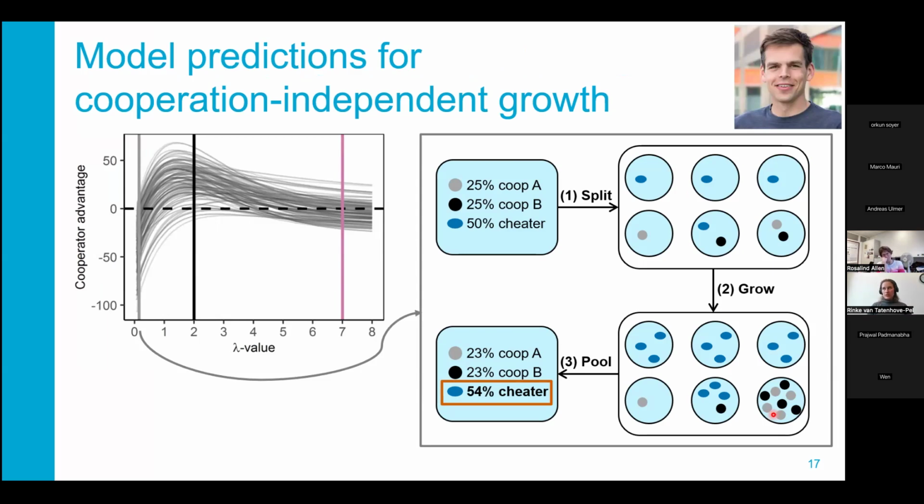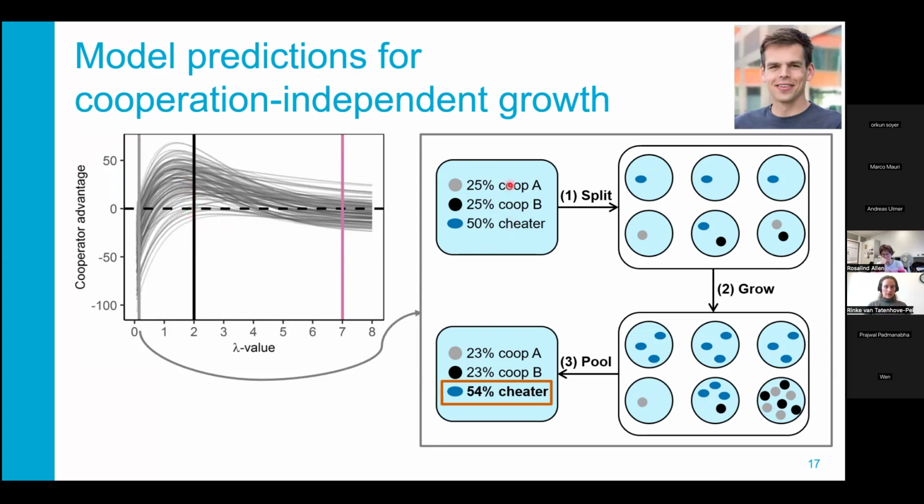Yes. So what we saw, I think it is in the supplementaries of the manuscript, is that this optimal lambda depends on the frequency of your cooperators and your cheaters.